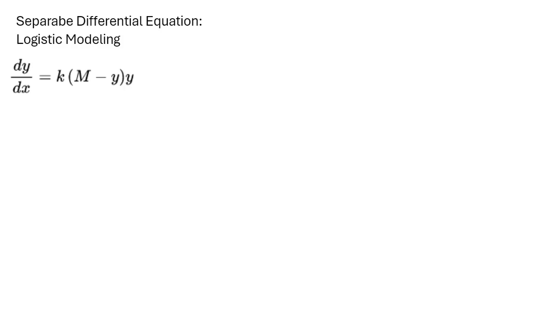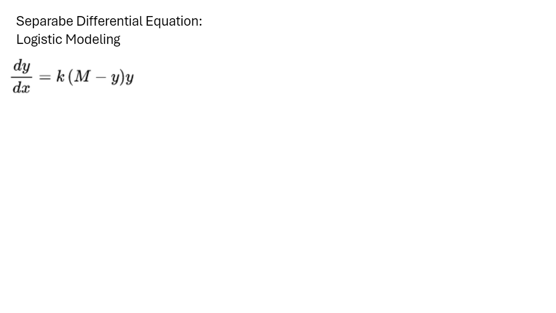In this video, I want to look at solving a separable differential equation using logistic modeling. So logistic modeling is one where we have the rate of change equal to, let's say, some constant k multiplied by a population m minus the y variable, times y.